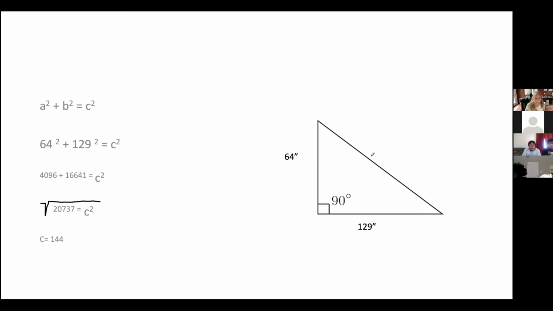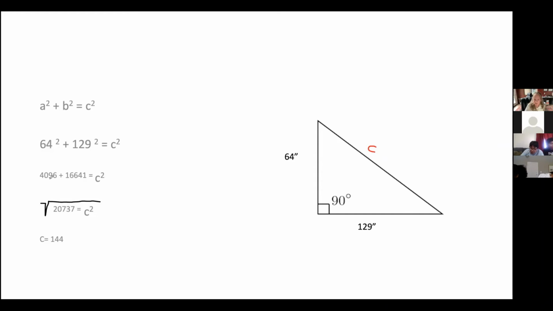So we're going to start with that. Remember the formula for the hypotenuse. Hopefully you guys have learned this. A squared plus B squared equals C squared. So I am 64 inches squared, my shadow is 129 inches squared, and that's going to be C squared, the hypotenuse.